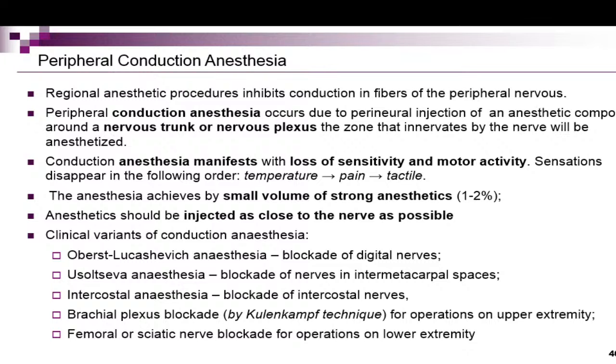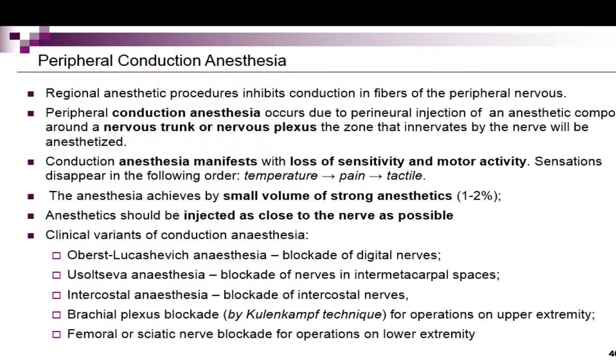Conduction anesthesia manifests with loss of sensitivity and motor activity because the fibers are composed of sensitive and effective nerves. Sensation disappears in the following order: temperature, then pain, and later tactile sensation. The anesthesia is achieved by a small volume of strong anesthetic.